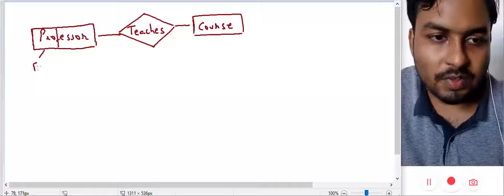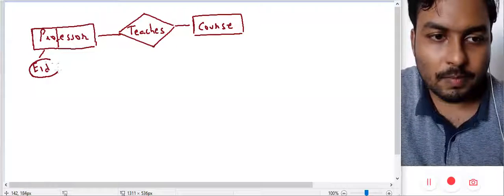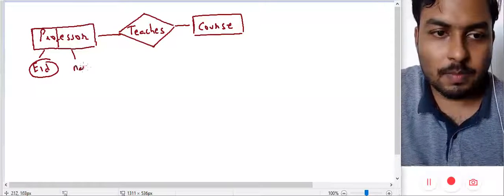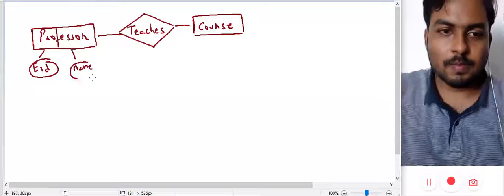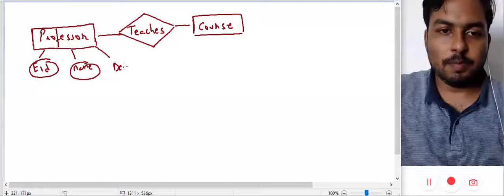The professor will have an ID, a name, and a department.